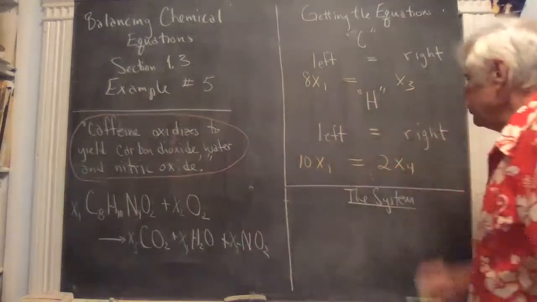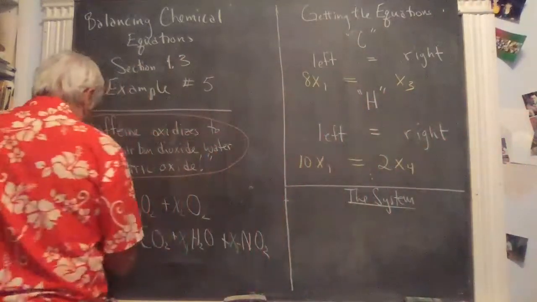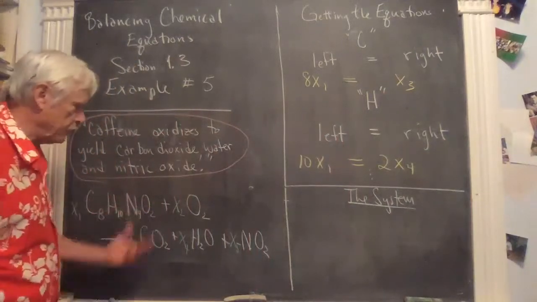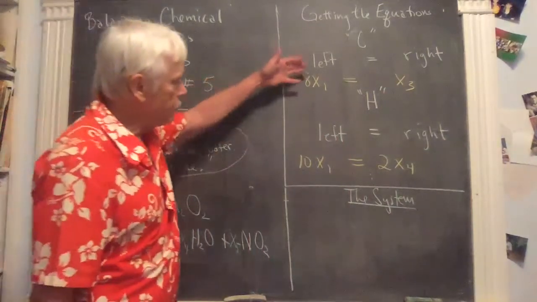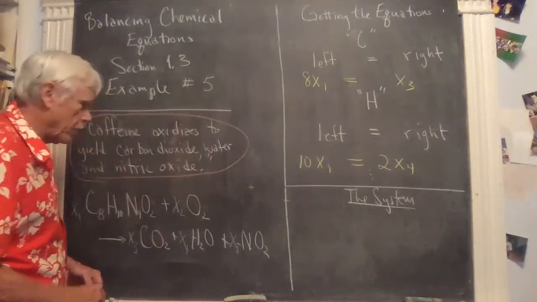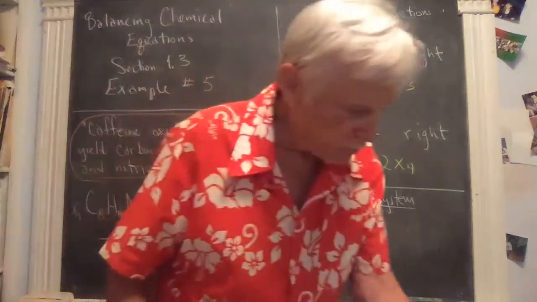And this continues. You have a total of, let's see, 1, 2, 3, 4 different atoms represented in this entire equation. So this will give you 4 equations in 5 unknowns, and so eventually you get a system of equations.